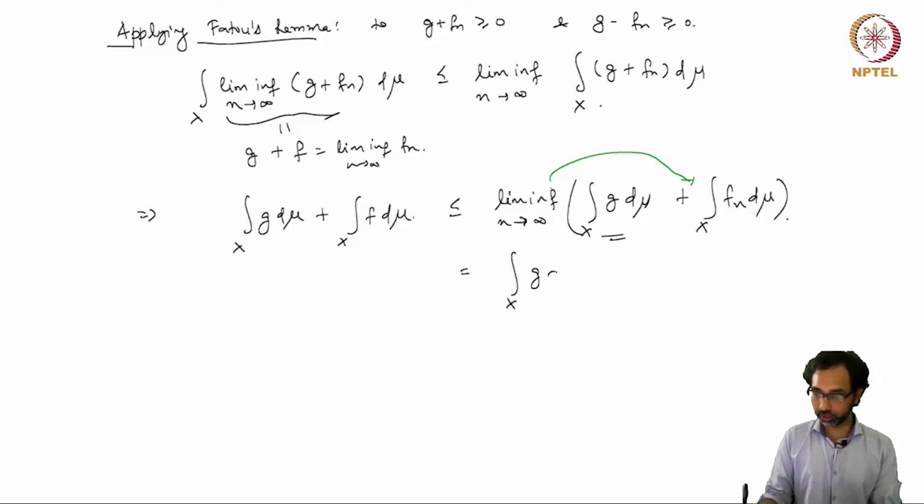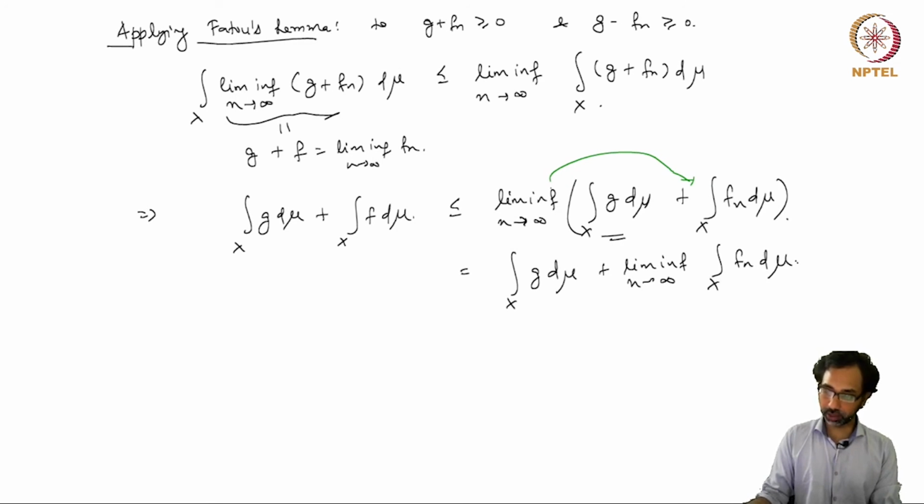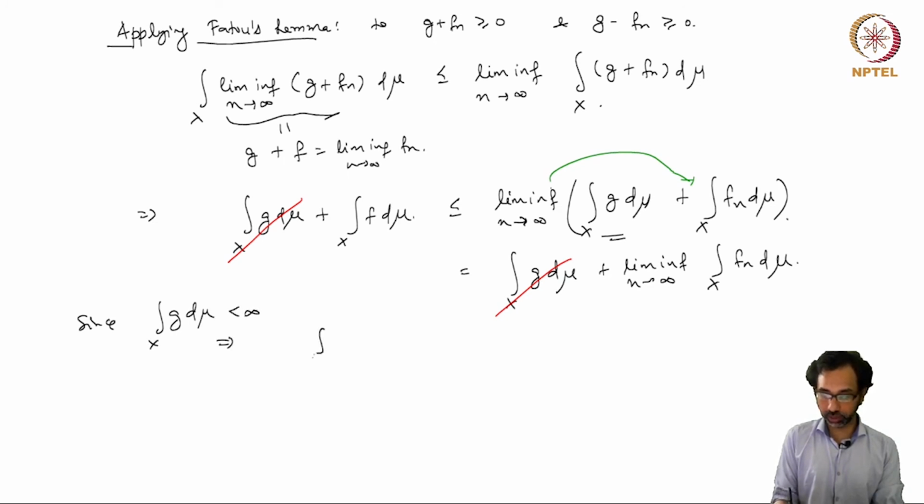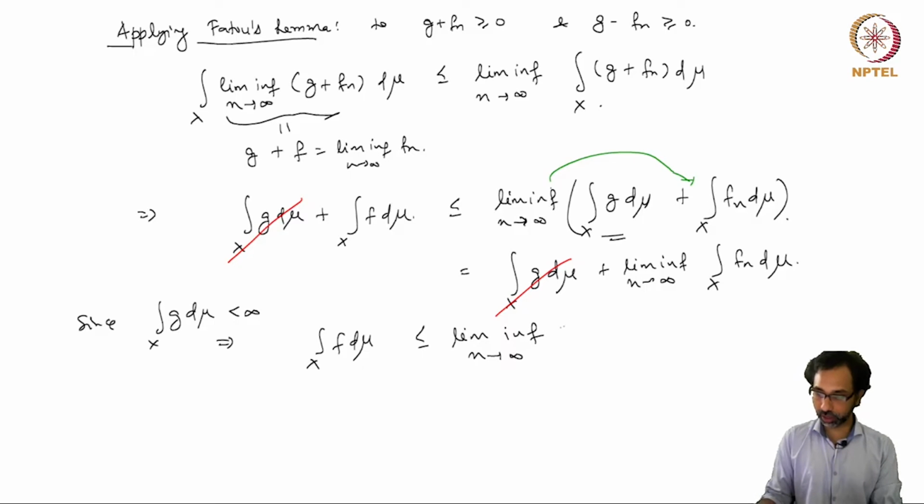So this is equal to integral g d mu plus lim inf as n tends to infinity of integral fn d mu, and now we can cancel these two integrals of g d mu because these are finite. So since integral g d mu is finite, this implies that integral of f d mu is less than or equal to lim inf as n tends to infinity of integral fn d mu.